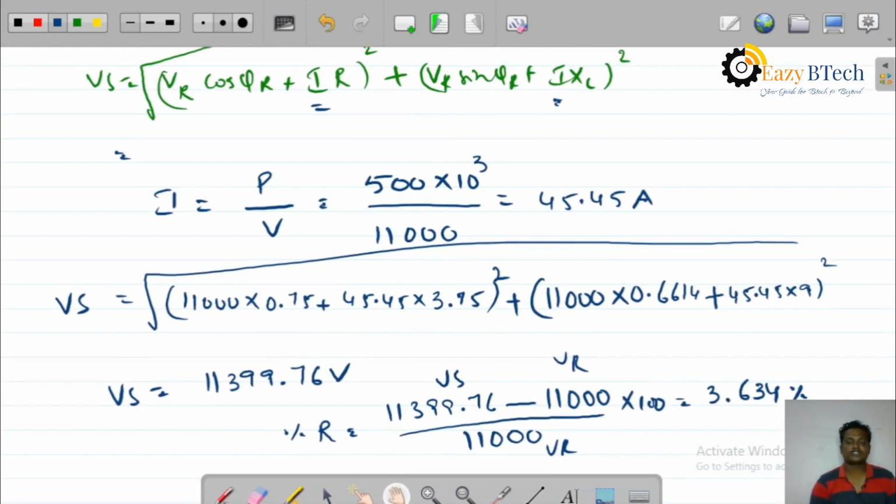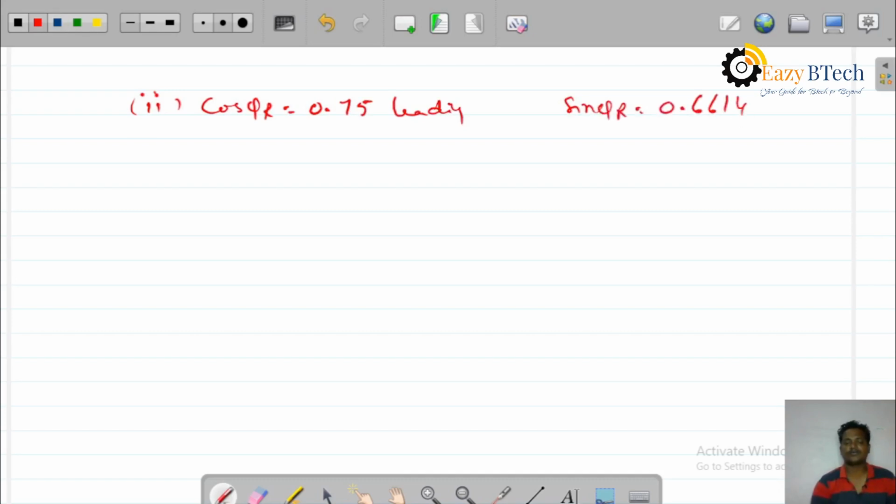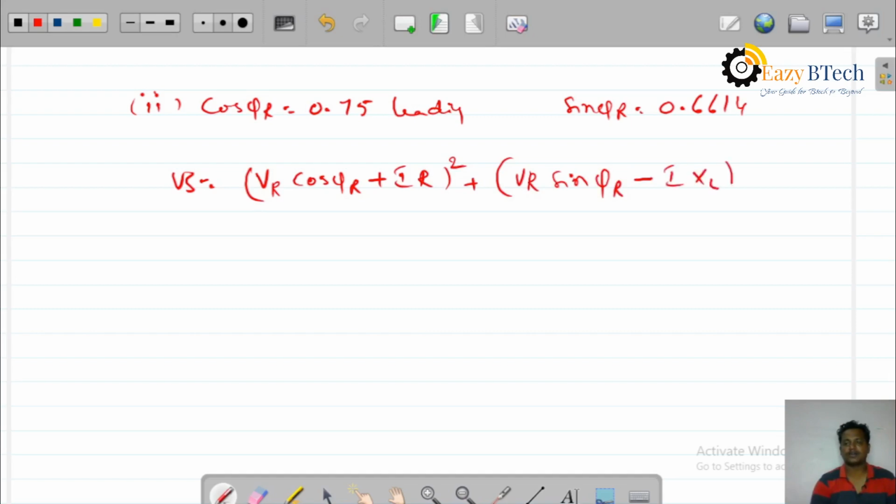Case 2: power factor equals 0.75 leading. Sin phi r is the same, 0.6614. Therefore, the formula for Vs for leading power factor is the square root of (VR cos phi r plus IR) whole square plus (VR sin phi r minus I into XL) whole square.